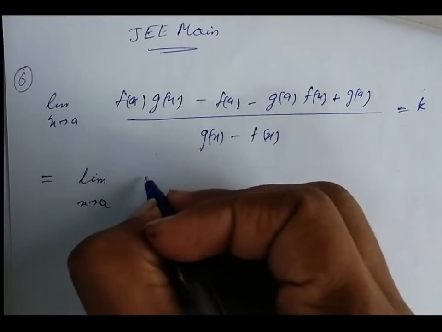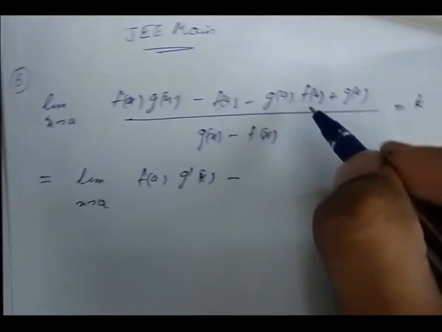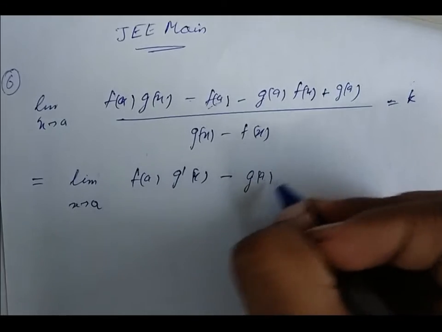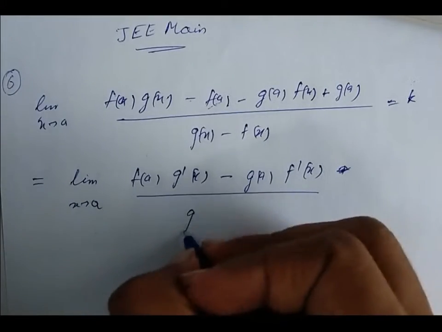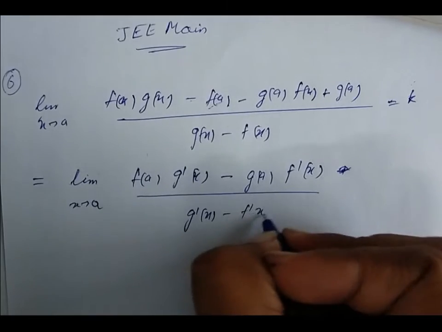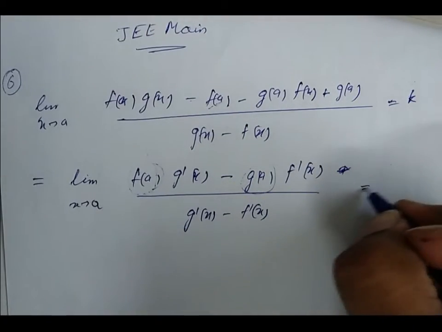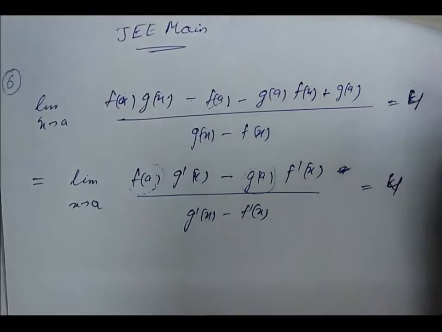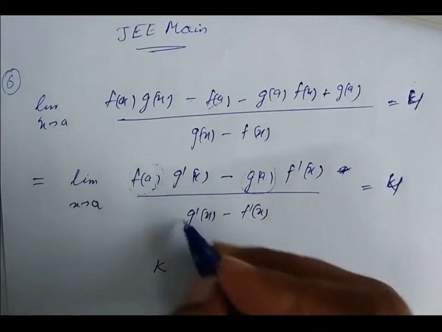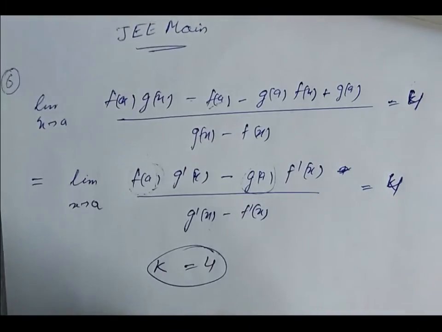So this will be f(a)g'(x) minus g(a)f'(x) upon g'(x) minus f'(x). So when this is equal to k, k comes out and g'(x) minus f'(x) cancels out, so k equals 4.